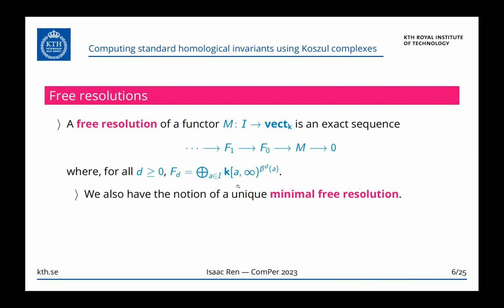Here I've represented this as a direct sum where each term has a multiplicity, with a somewhat complicated notation, because we will be looking at these afterwards. The free resolution is not unique, but there is a notion of a unique minimal free resolution. For some definition of minimality, which I won't get into here, it's smaller, and the idea is that it captures some information about M, in fact maybe all the information about M in a more encodable fashion.